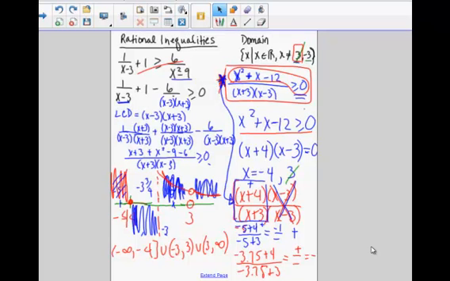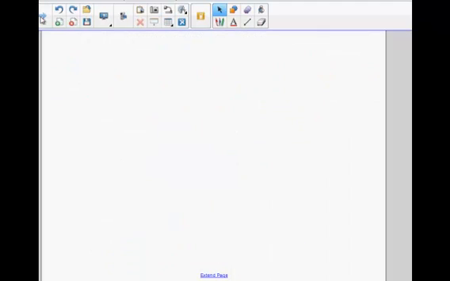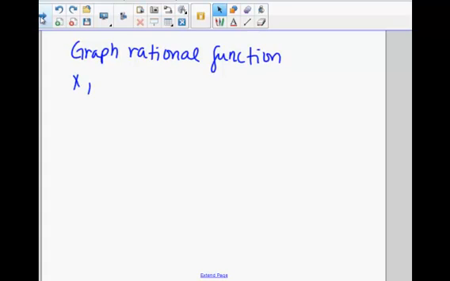The one thing I wanted to do now was actually graph this, because I have all the information I need to actually draw a graph. When you graph, and I just want to make sure you guys are clear since we've gone through all the trouble of getting that information, when you graph a rational function, you need to know your x and y intercepts, and you need to know any asymptotes, and then test points.